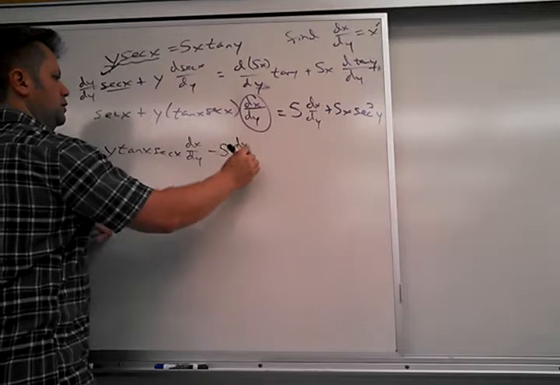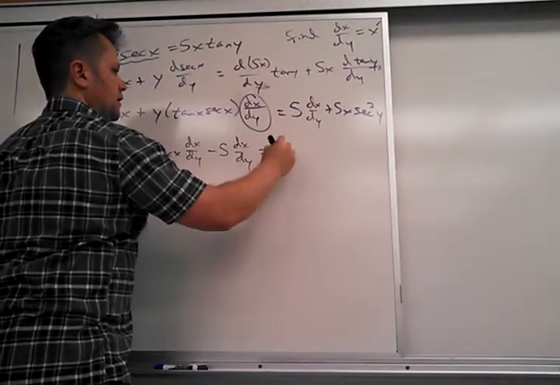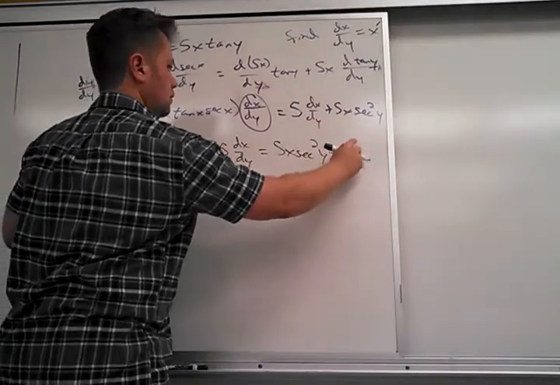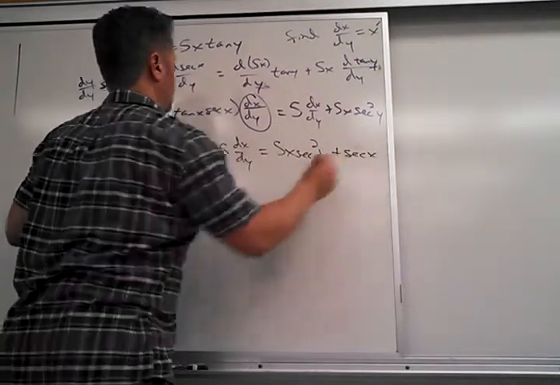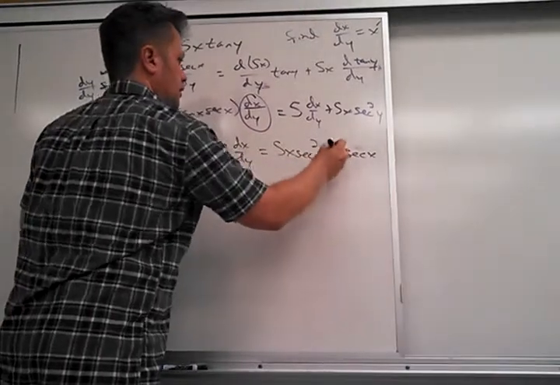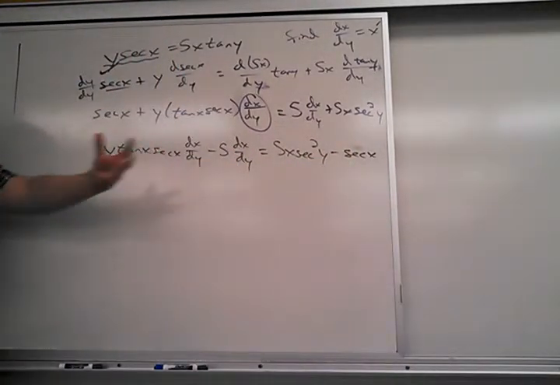So is everybody cool with what I'm doing? I'm just getting all my dx dy stuff together. Pull this thing to the other side. Plus, no, it should be minus. Alright, so I got all my dx dy stuff together, moved the other stuff over there together, and now I can take my dx dy out.